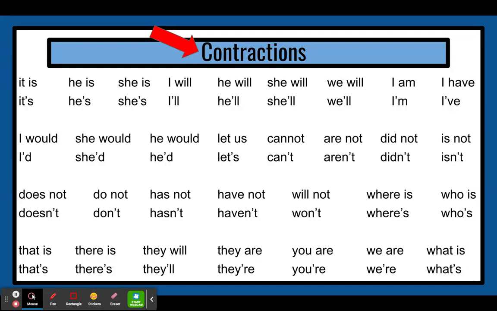Next, we have he is. We squish them together and it becomes he's, and the apostrophe is taking the place of this letter I. He is becomes he's. She is becomes she's.